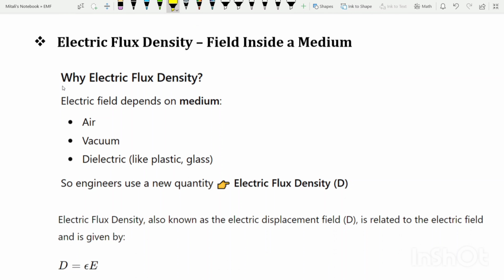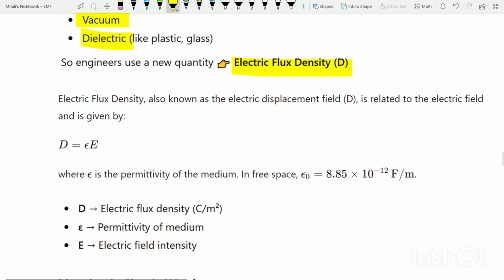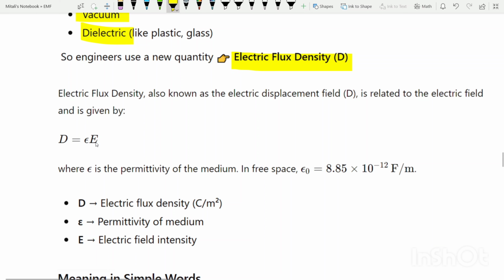Field inside a medium. Now let's go one level deeper. Why electric flux density? Electric field depends on the medium: air, vacuum, dielectric like plastic, glass. So engineers use a new quantity, electric flux density, which is denoted by D. Definition: D = εE, where D is the electric flux density and its unit is Coulomb per meter square.